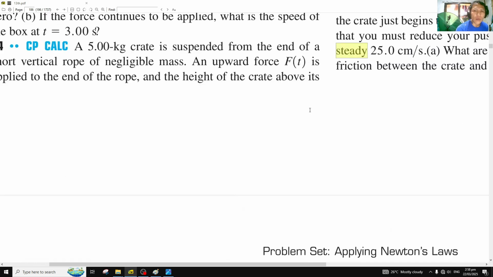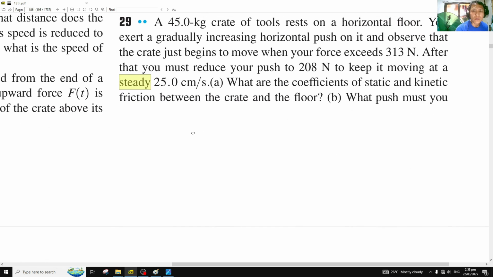Is the problem from rest, or to keep it moving at 25 meters per second? What push? Okay. So push, that will give you an acceleration.